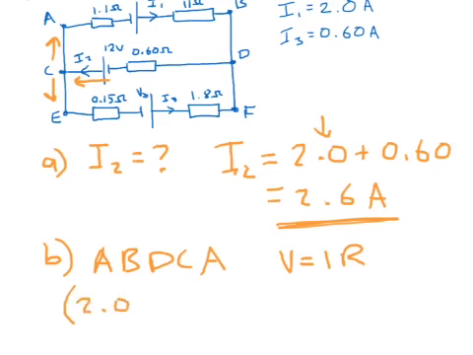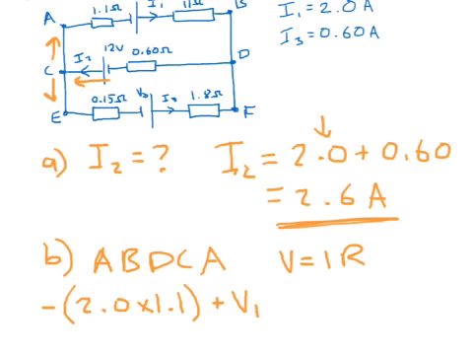2.0 times 1.1, and it's a minus, and we're going from minus to plus on the cell, so this is going to be a plus, and I think it's given as V1.